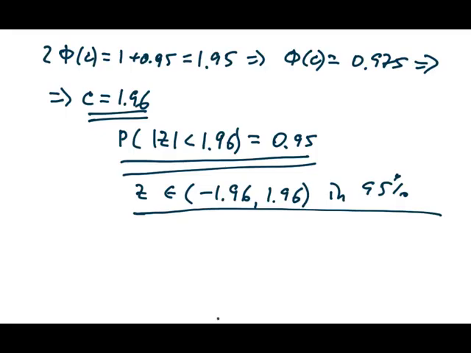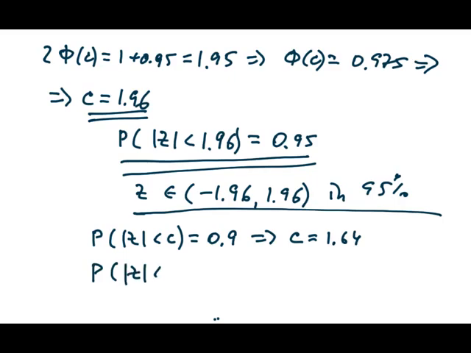A similar problem is finding c if the probability for the absolute value of z less than c equals, say, 0.9. Using the previous method, c will be equal to 1.64. Another common problem is when the probability is 0.99, and from here we find that c equals roughly 2.58.